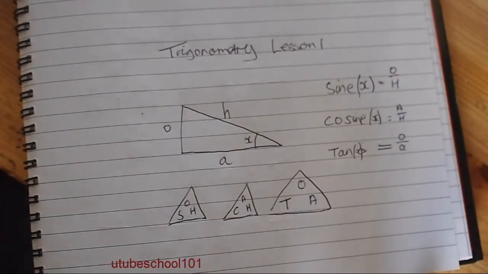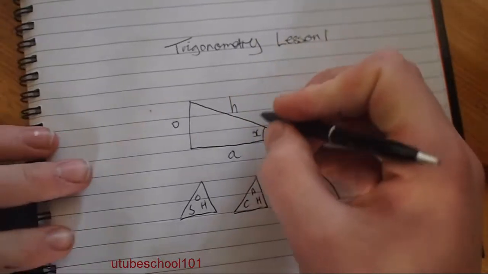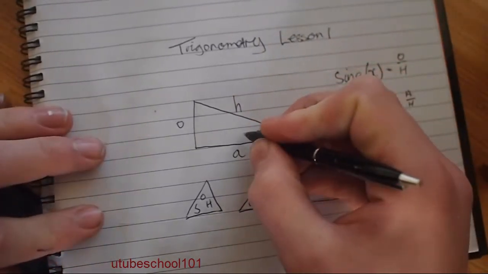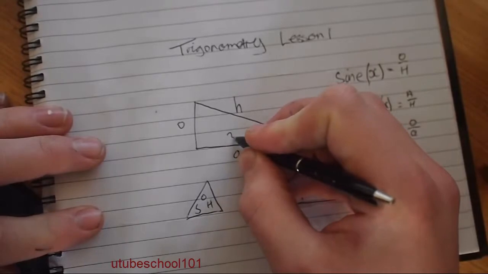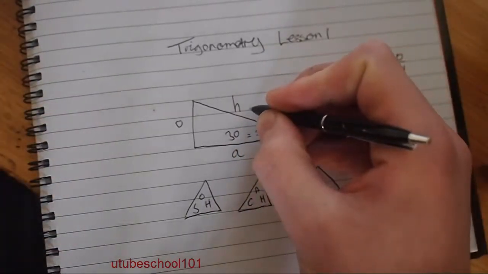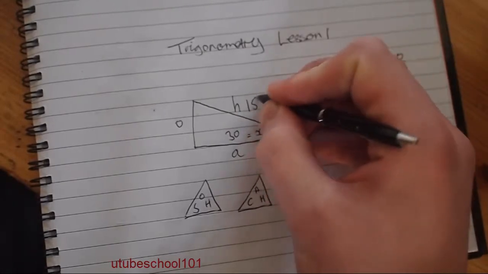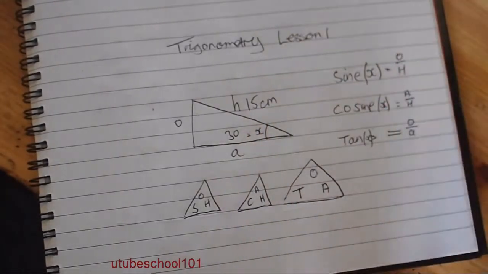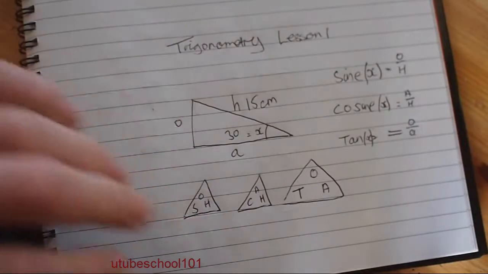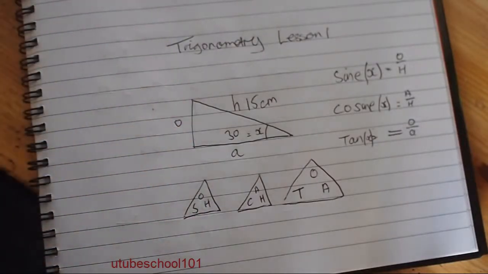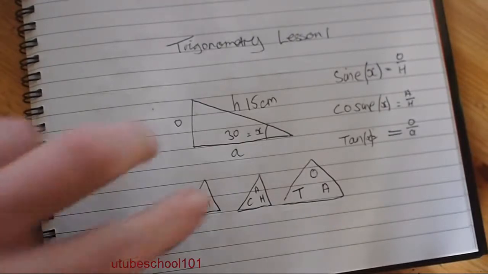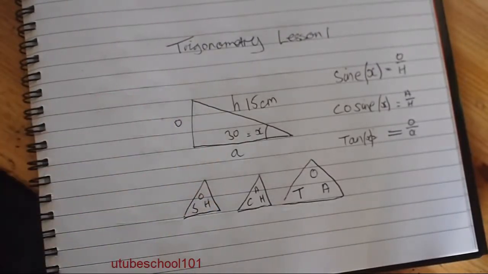So I'm going to draw an example. Let's say that this angle X is equal to 30 degrees, and the hypotenuse length is 15 centimeters. What you have to ask yourself next is which side you want to find out.